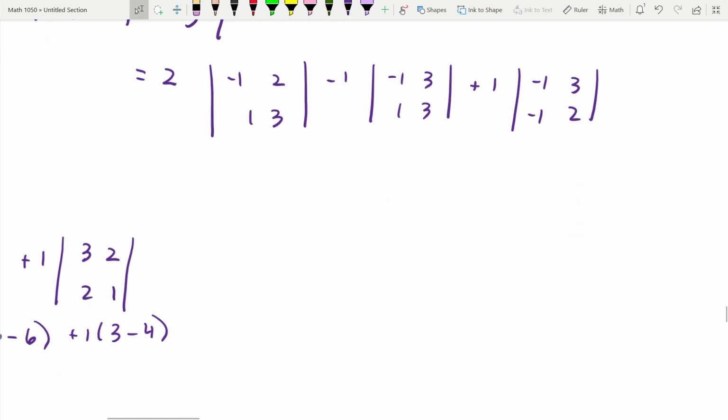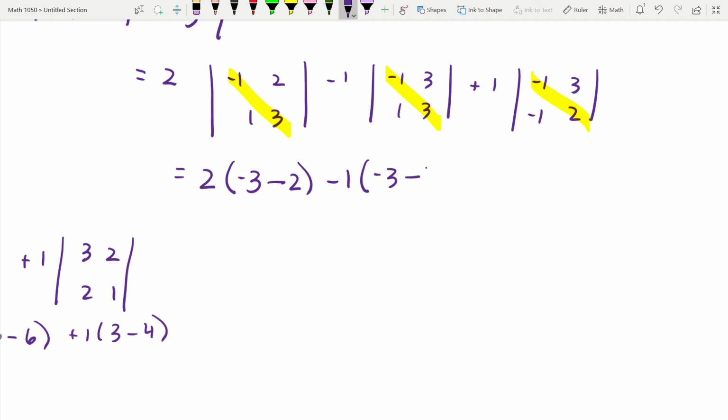Do the cross multiply thing. So you have your 2. You always multiply this way first, okay? So 3 times negative 1 is negative 3, minus 2 times 1 is 2. Minus 1, 3 times negative 1 is negative 3, minus 3 times 1 is 3.